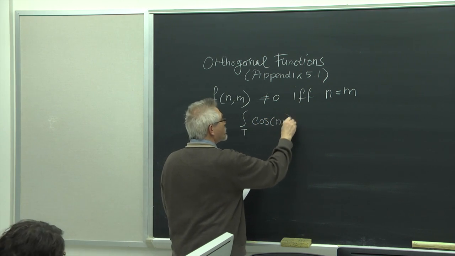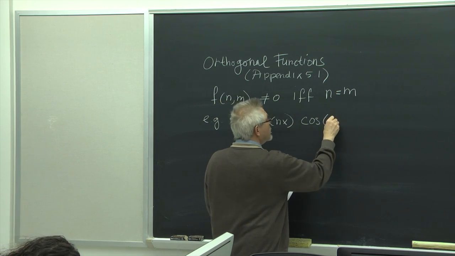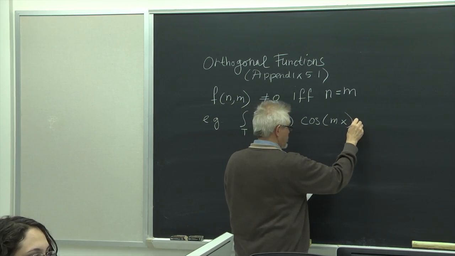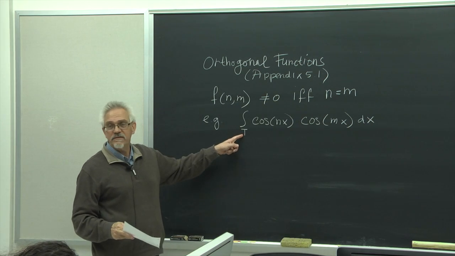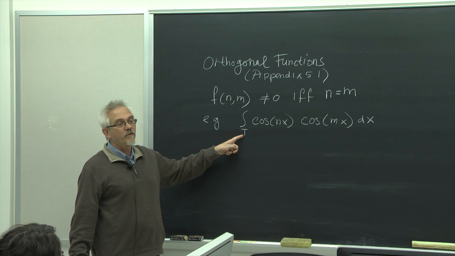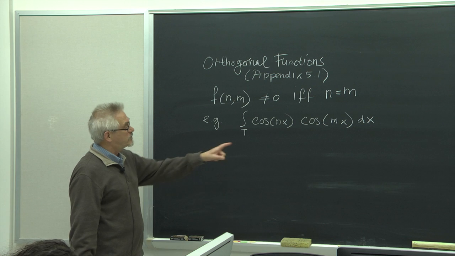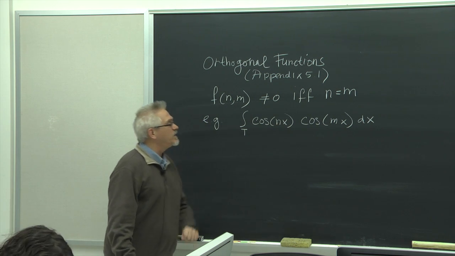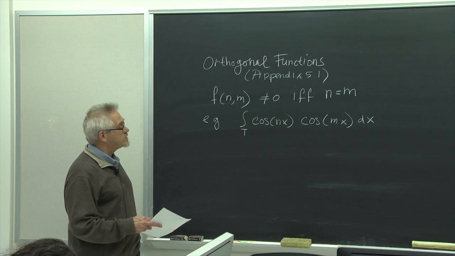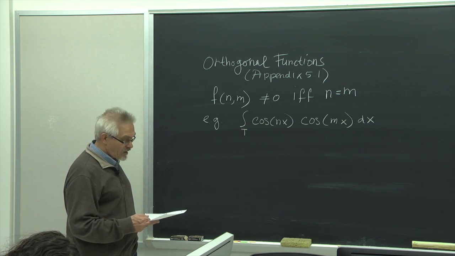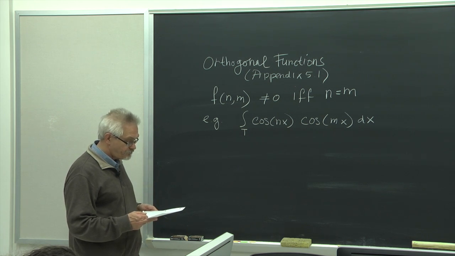It's the product of cos nx with cos mx integrated over one full period. So that's what this T means. The period of the cos with n or m being 1 is T, and the integration is over that period. And this is an orthogonal function, as we will see.